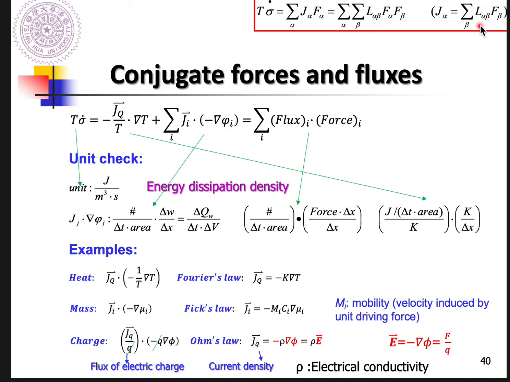We call it the direct or coupling coefficient. A direct coefficient relates a flux to its corresponding driving force, and coupling means that another type of driving force will also drive a specific flux of entities. But that's not a major effect, so some people call it a coupling term.